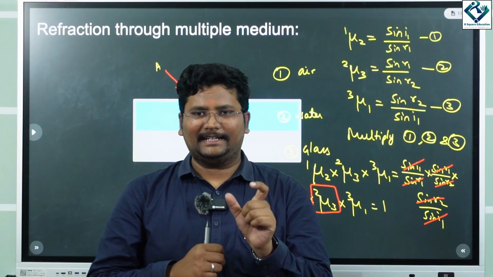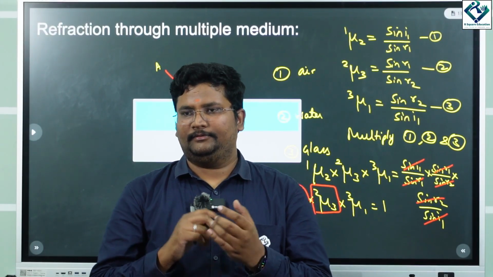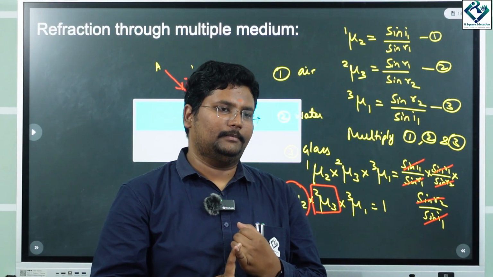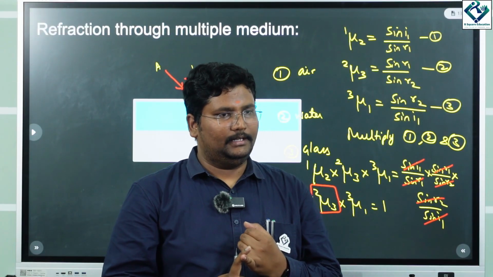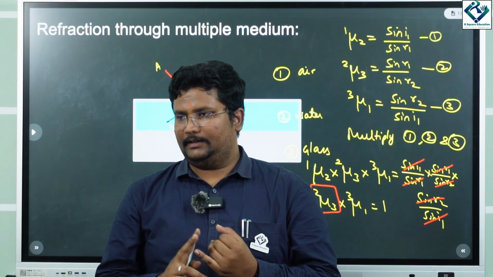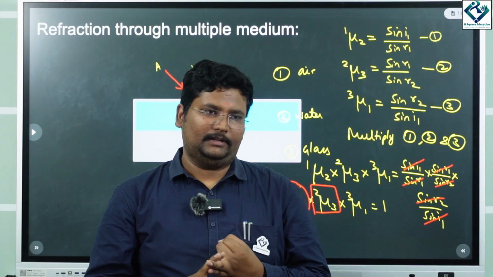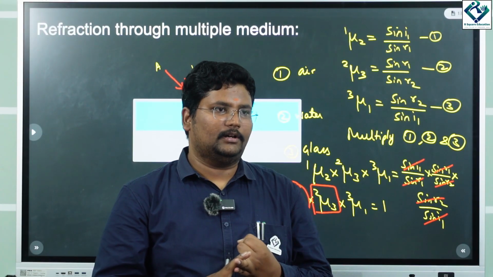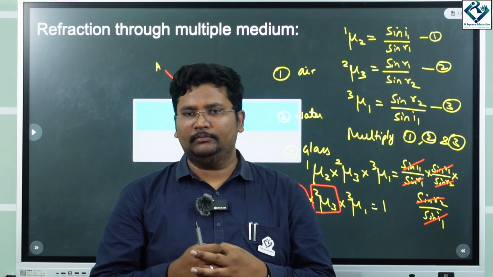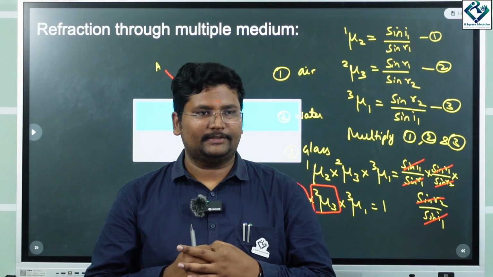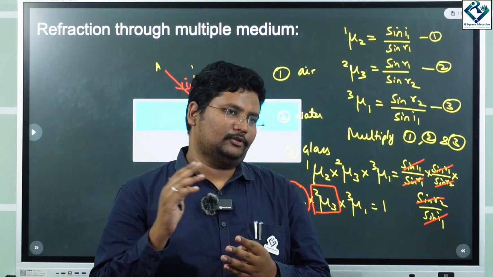There are certain standard values of refractive index. Say for example, if you want to know what is going to be the refractive index of glass, it is 1.5. Refractive index of water, 1.33. Refractive index of vacuum, 1. Refractive index of air, 1.0004.